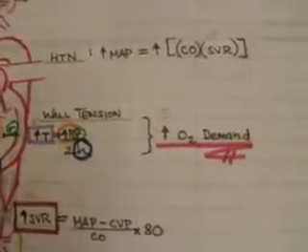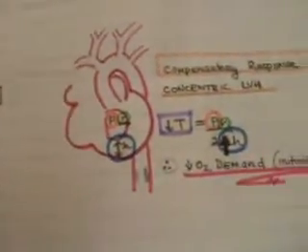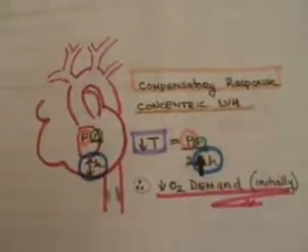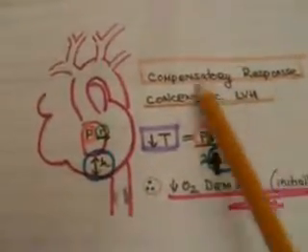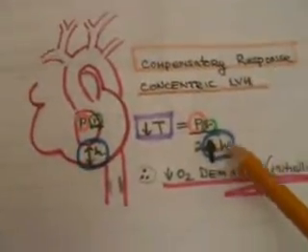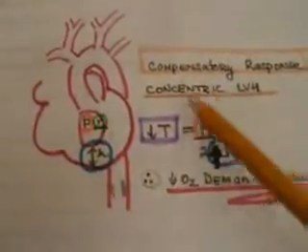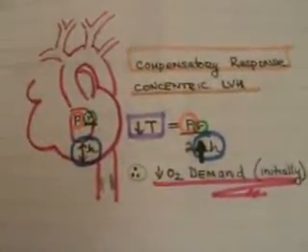And we talked about how the body compensates for that increased O2 demand through a process of left ventricular hypertrophy, or concentric left ventricular hypertrophy due to the pressure overload, which ultimately will decrease the wall tension and help to decrease the O2 demand to prevent myocardial ischemia.